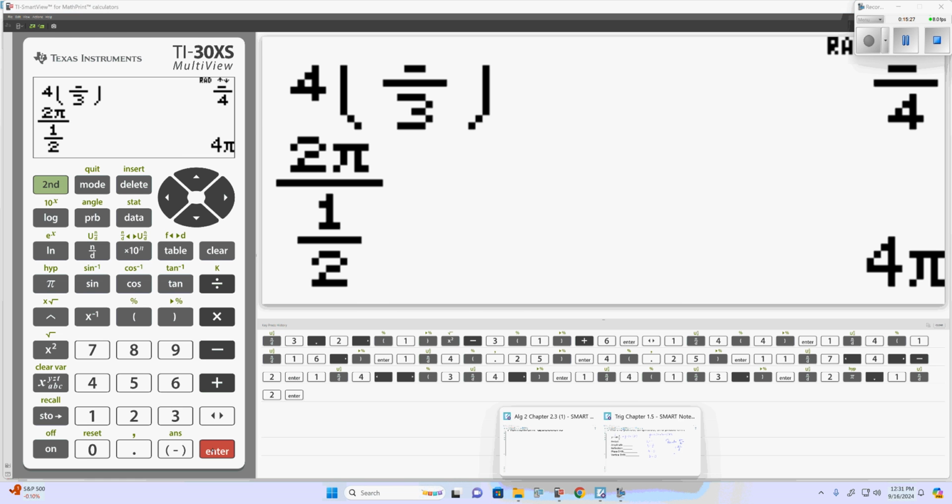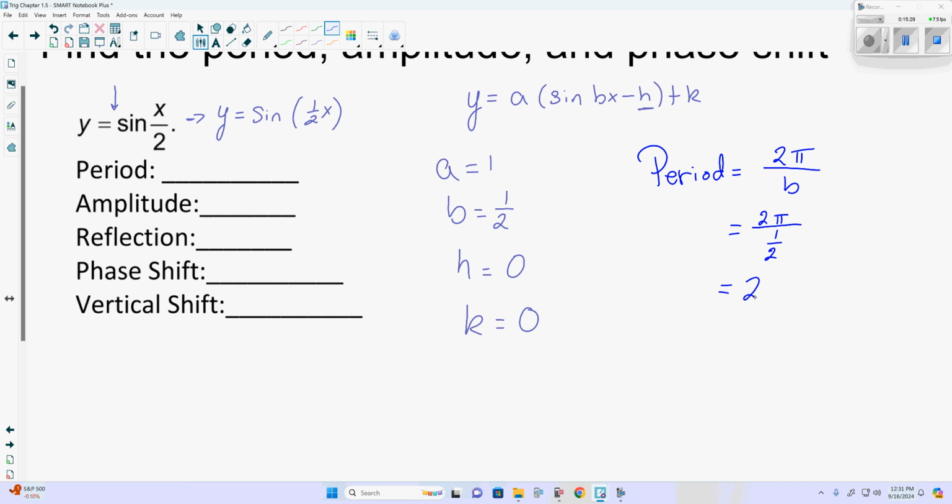So what that means is that its period is 4 pi. For this to make one full cycle, it's going to take 4 pi. Questions on this here?